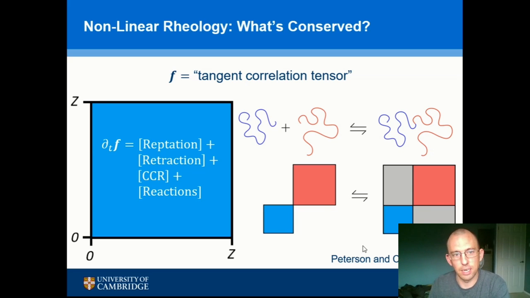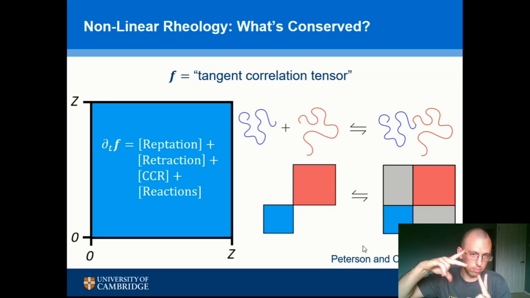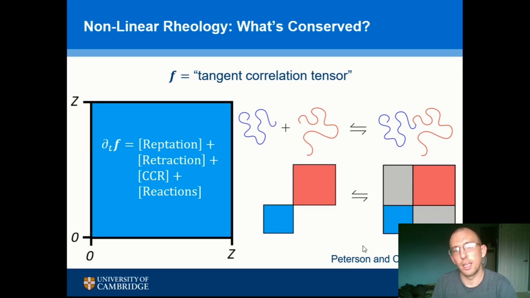The idea is that if you know the tangent correlation tensor, which is represented as this square piece of information, for two chains that are coming together, you can figure out the tangent correlation tensor for the product chain.